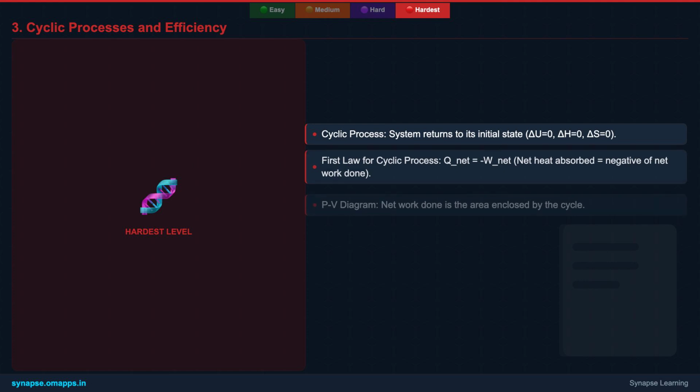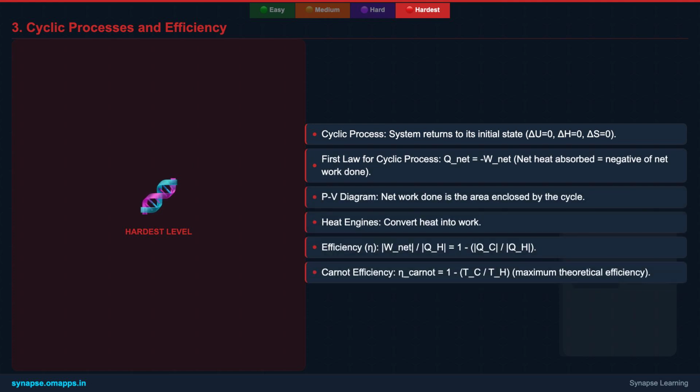Cyclic processes are fundamental to understanding engines and refrigerators. In such a process, the system returns to its initial state, meaning state functions like internal energy, enthalpy, and entropy have zero net change. According to the first law, for a cyclic process, the net heat exchanged equals the negative of the net work done. On a PV diagram, the net work done in a cycle is represented by the area enclosed by the cycle.